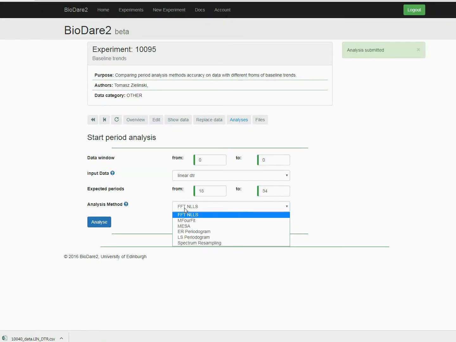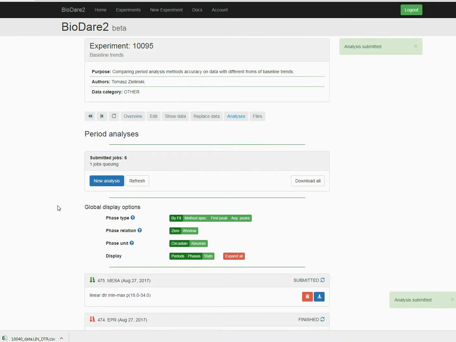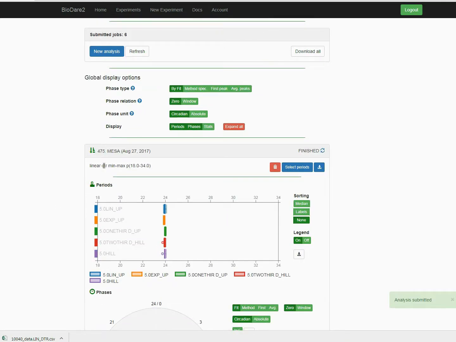But it turns out that MESA, which is not fit-based, is generally more resilient to baseline trends. As you can see, MESA with linear detrending gives really good estimates, close to 24 hours for all the data. However, even MESA fails if the baseline trend is more pronounced. For example, when the trend range is 10 times larger than amplitude of the oscillations.